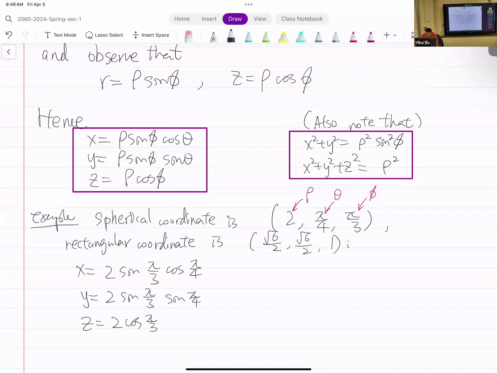And then we just need to realize that sine of π/3 is √3/2. Okay? Cosine of π/3 is 1/2. So that's 2 times, 2 times, cosine and sine of π/4, they're both √2/2. Okay? So these are special trig values for special angles that you probably want to be reminded of.